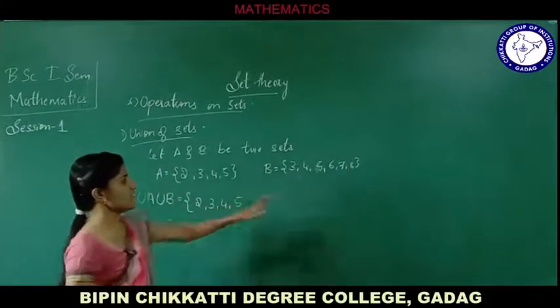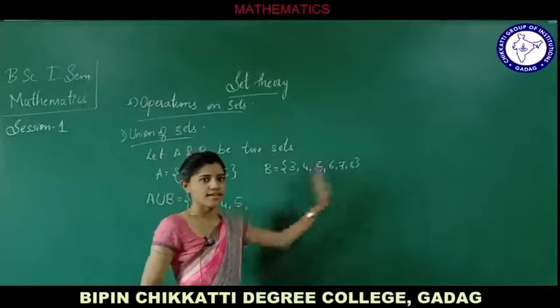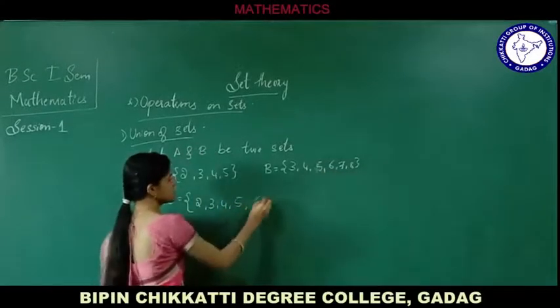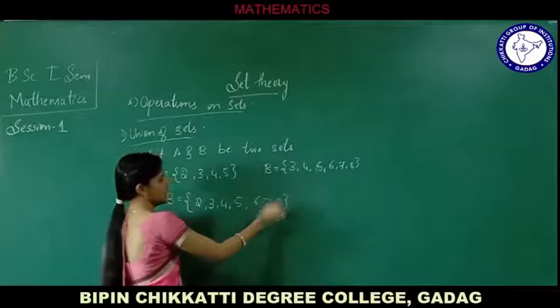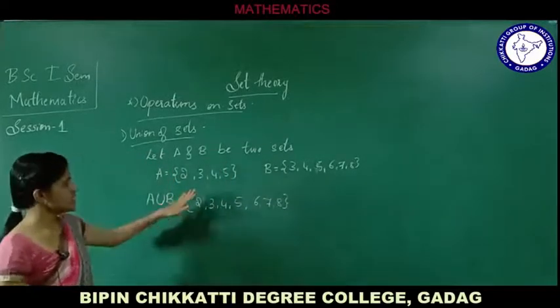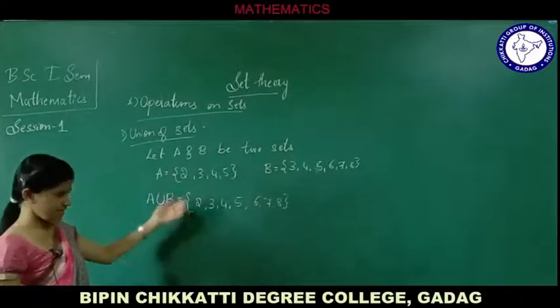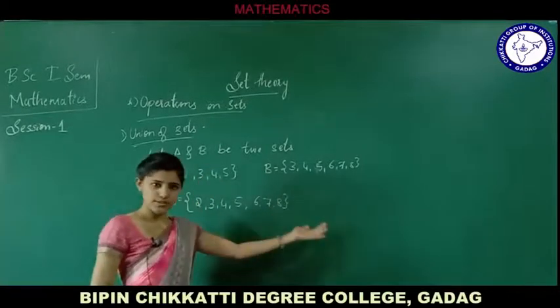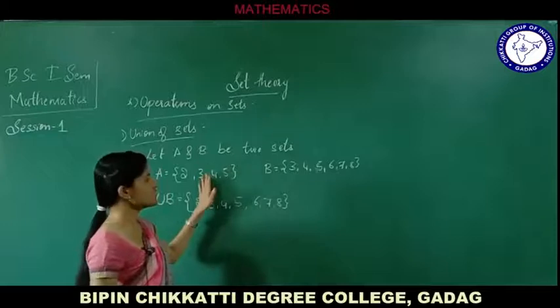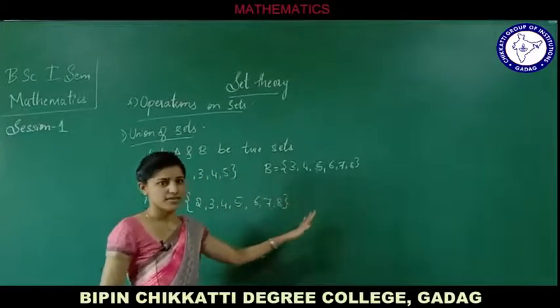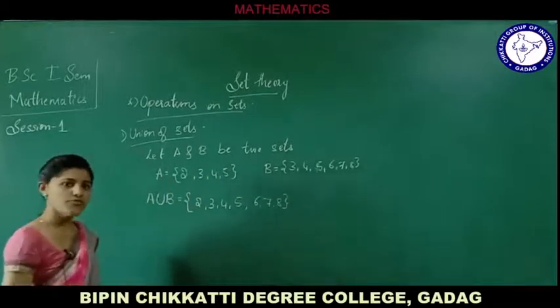And further we have 6, 7, 8. Union is nothing but the elements that either belong to set A, or belong to set B, or belong to both set A and set B. So in general, how can we write it?